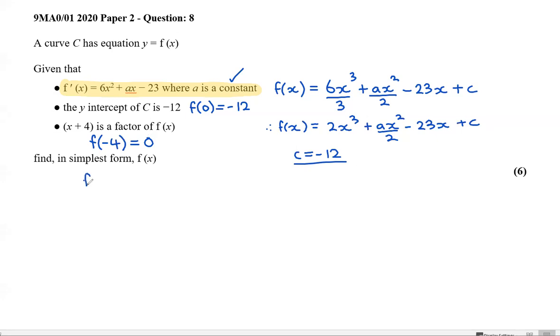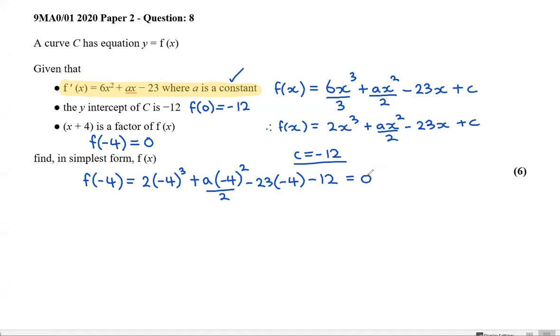So if we sub in negative 4, f of negative 4 is going to equal 2 lots of negative 4 cubed plus a multiplied by negative 4 squared over 2, subtract 23 multiplied by negative 4, and plus c, but that's negative 12. So subtract 12, and that is all equal to 0, apparently, because we're using the factor theorem.